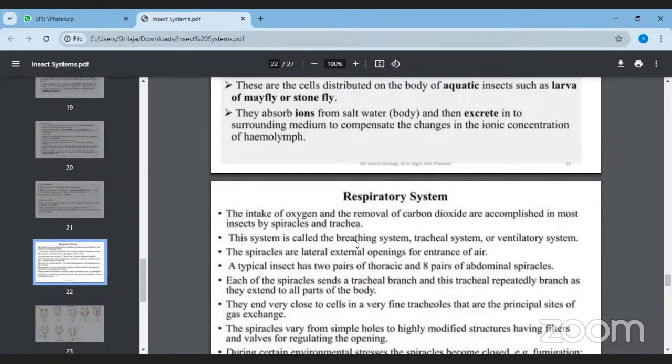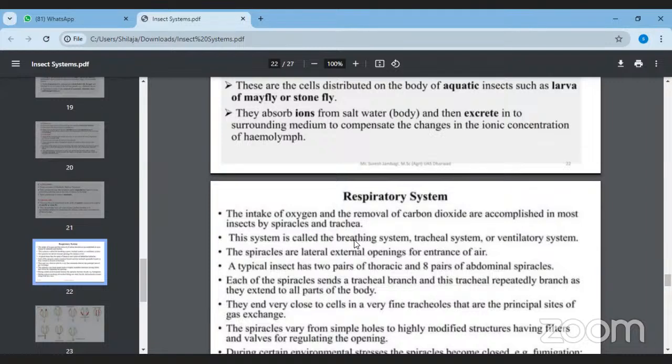When we talk about spiracles, there are many types. They are lateral in position, and spiracles are the external openings of the trachea, though exceptions exist in insects.